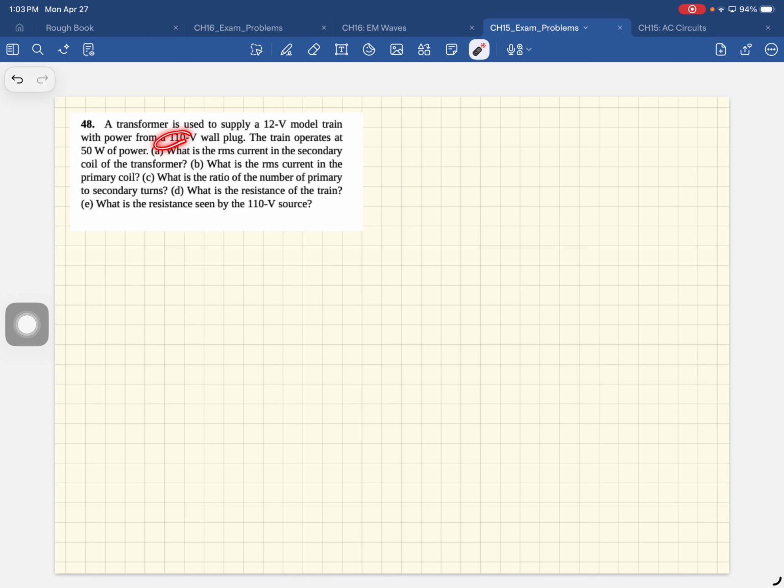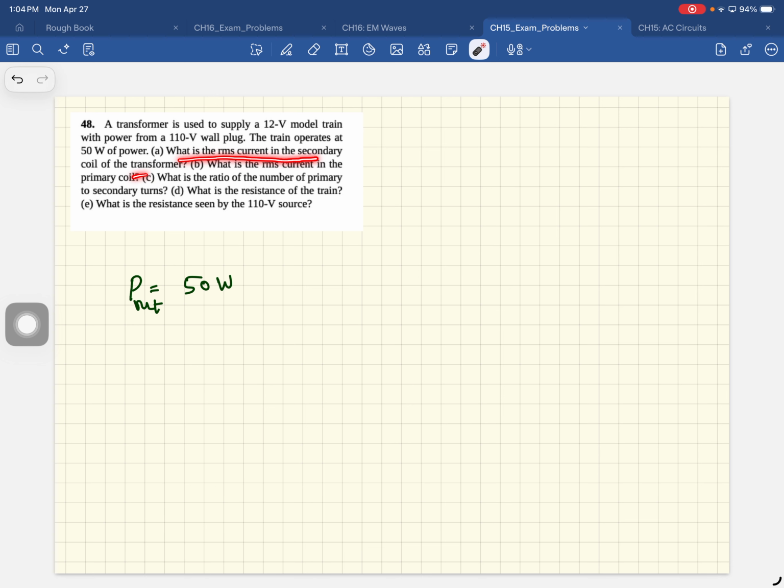Okay. The train operates at 50 watts of power. So the output power is 50 watts. What is the RMS current in the secondary coil of the transformer?